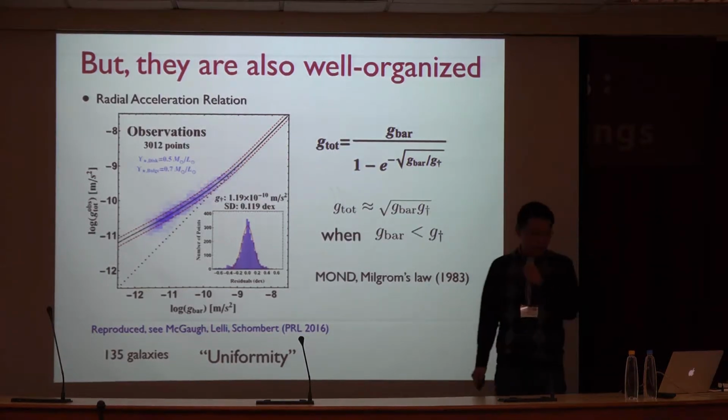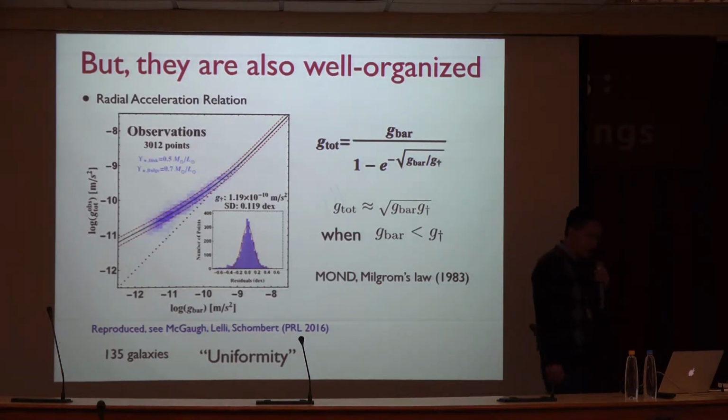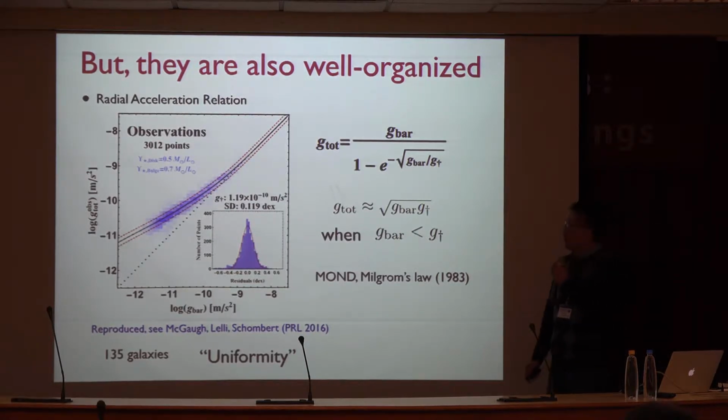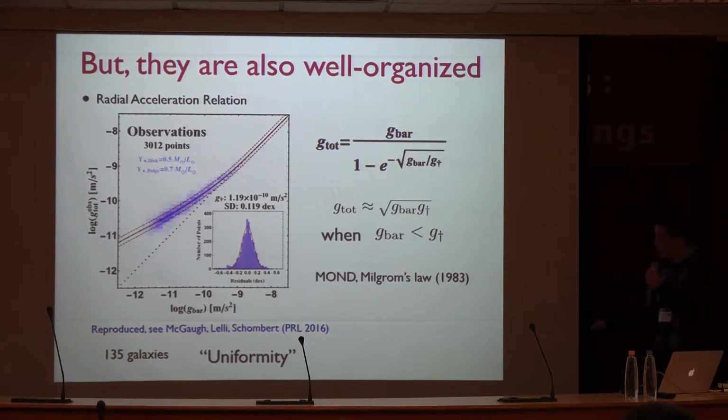So far, we mainly focused on the diversity aspect of galaxy rotation curves. And you can look at the rotation curves from another perspective. For example, this was kind of highlighted by Stacy McGaugh and his collaborators.